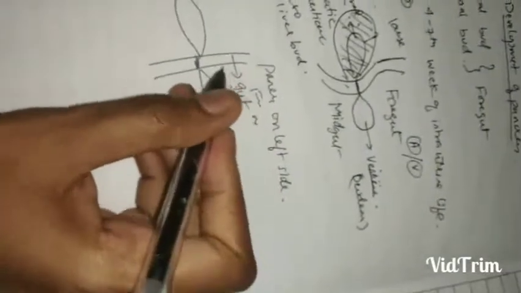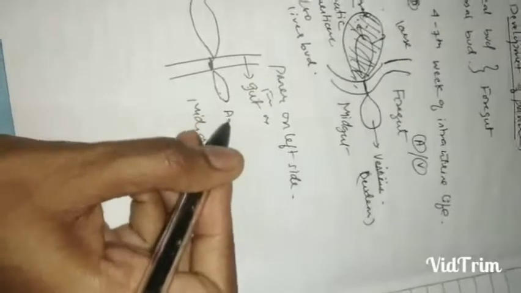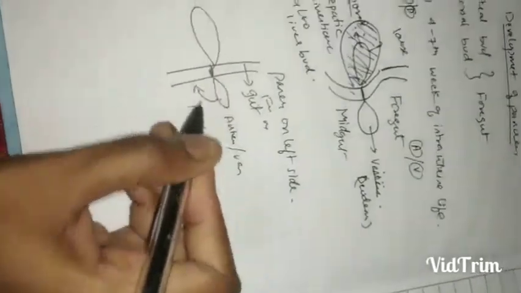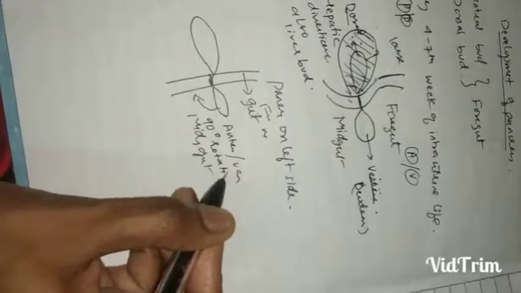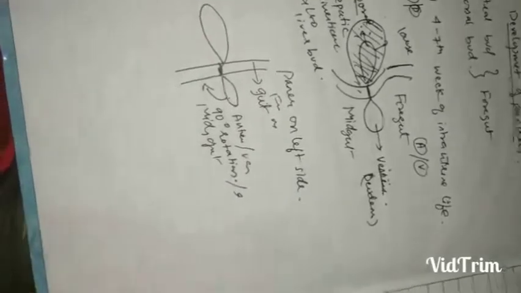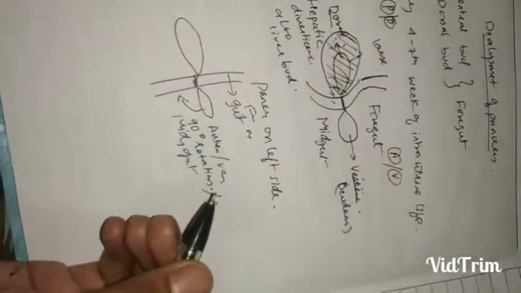So in order to be on the left side, this anterior or ventral bud will undergo 90 degrees rotation along with duodenum. So if duodenum undergoes rotation to turn on the right side, this ventral bud is also located behind the duodenum, so it also goes rotation of 90 degrees.